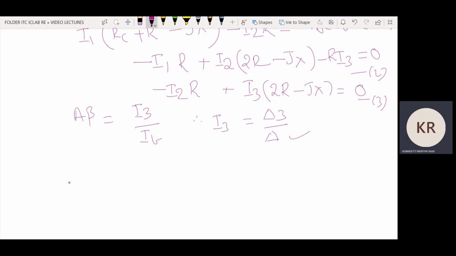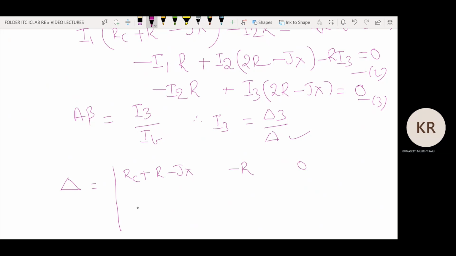Delta is equal to the coefficients of loop currents. First row: RC plus R, RC plus R minus jX, minus R, 0.